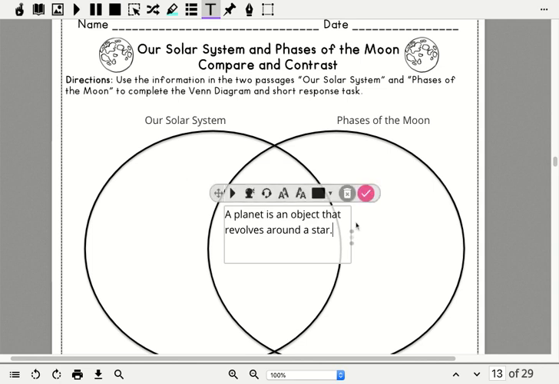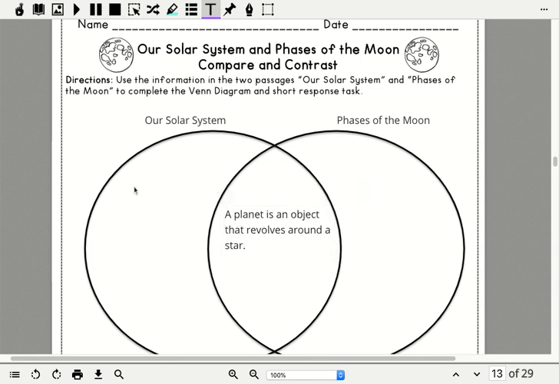So, something that is in our solar system that is not in the phases of the moon? Okay, now we can look at the other choices for that question.